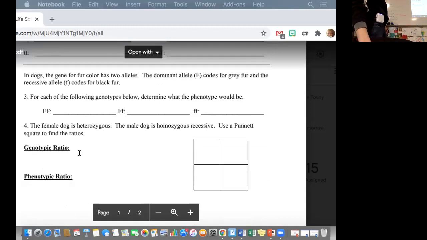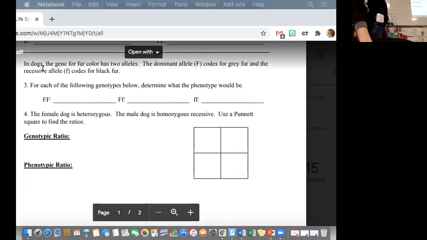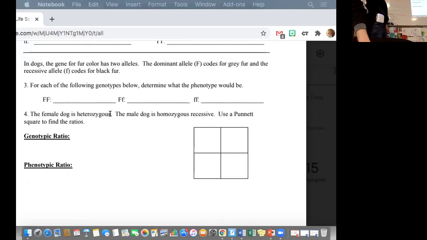Then we have a sample problem where you are looking at dogs and their phenotypes and genotypes. It says the female dog is heterozygous. So what would the letters look like on that dog? Capital and lowercase. And what letter are we using? F. So this female dog is big F, little f. The male dog is homozygous recessive.